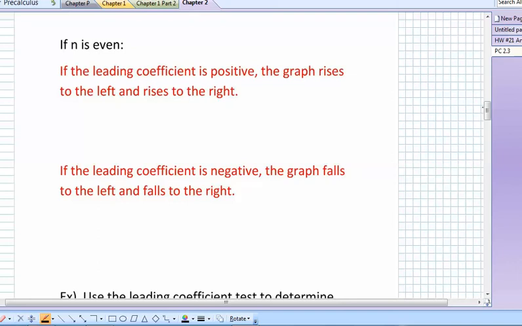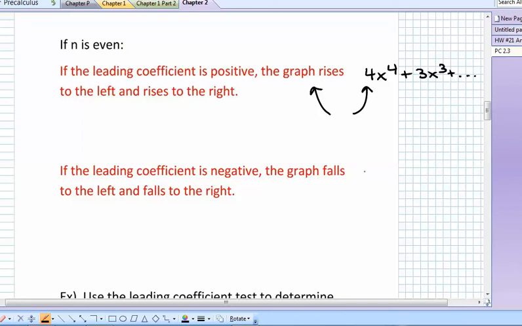If the degree is even, then it's going to do the same thing in both directions. If the leading coefficient is positive, like 4x to the fourth plus 3x to the third plus so on, then it's going to go up in both directions at the end.